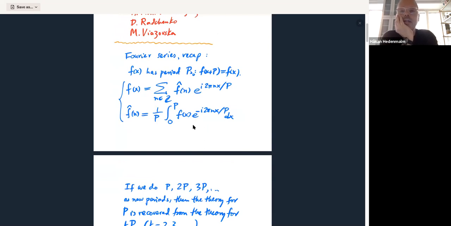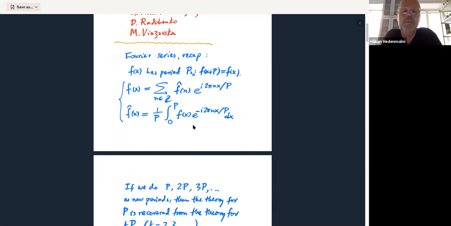All right, now when you have a periodic function, you try to expand it into cosines and sines, or if you like, you can do it in terms of complex exponentials. And I prefer the complex exponentials because it's so much simpler.